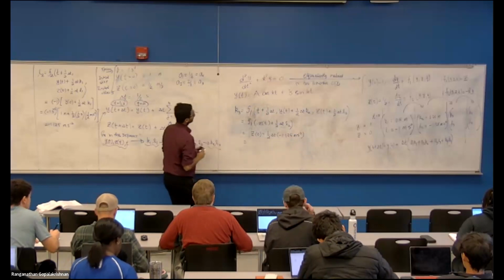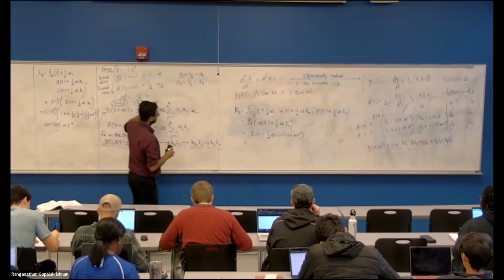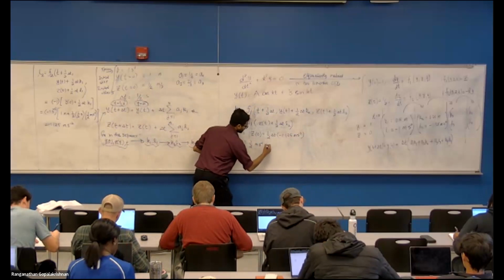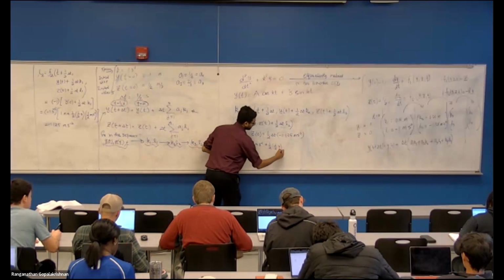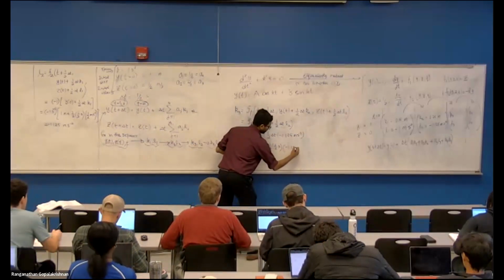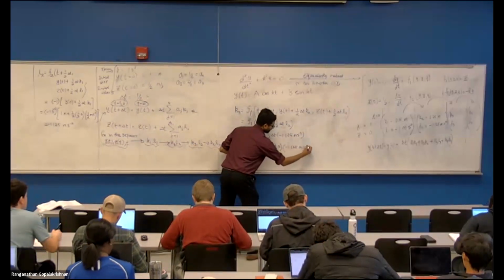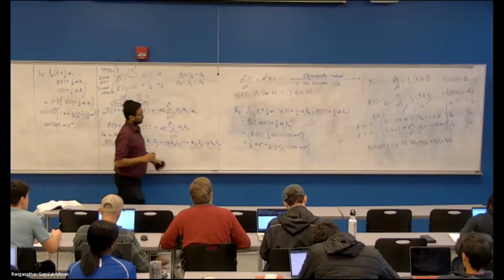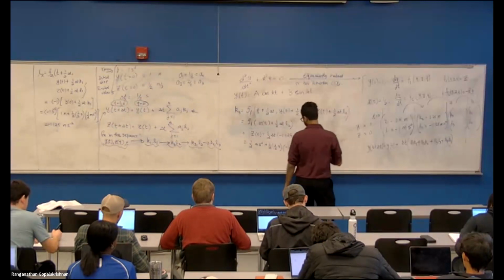So what is z of 0? Half a meter per second, plus half times delta t, which is half a second, multiplied by minus 1.125 meter per second squared. So that gets me what?